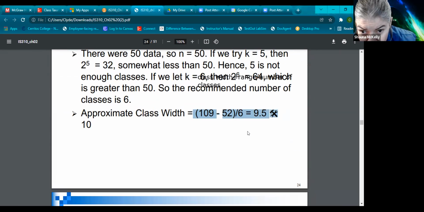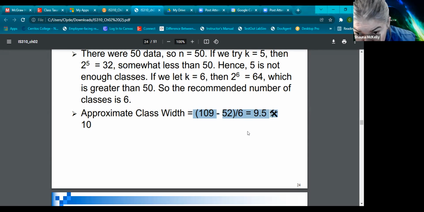And so sometimes, and I feel for you with taking different classes, because even if you go and ask my teacher, she has a different preference on some of it. She'll want to make her class widths odd. So she would make this not 10, she would make it 11, and there's a reason for that.